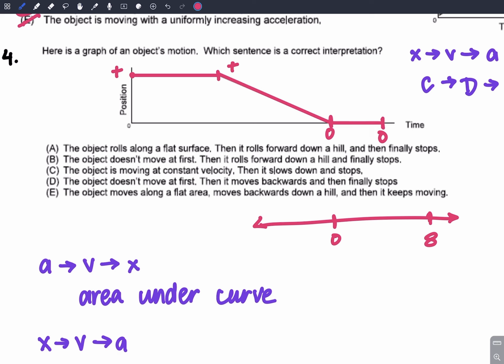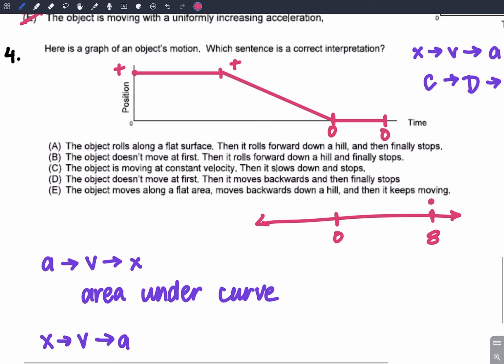Let's say our object was right here. It stayed there for a particular amount of time, then it went from 8 to 0, and then it stayed at 0 for a particular amount of time. If this is clear, let's read our options.